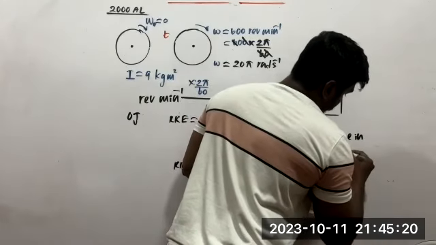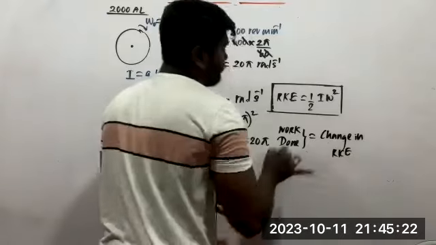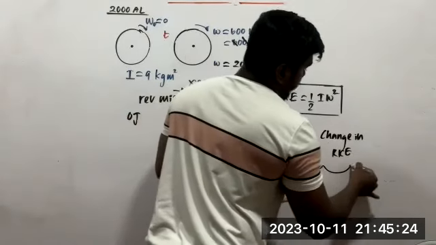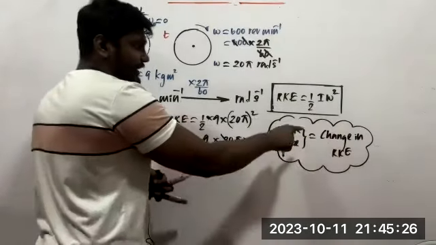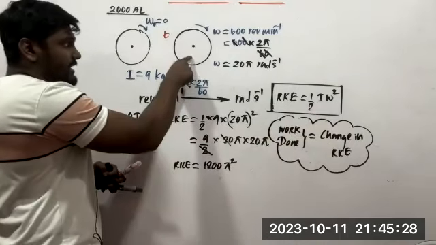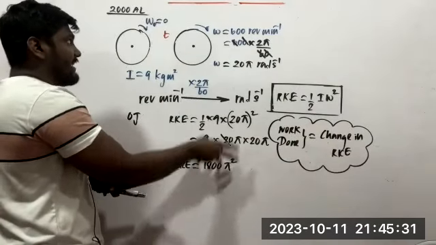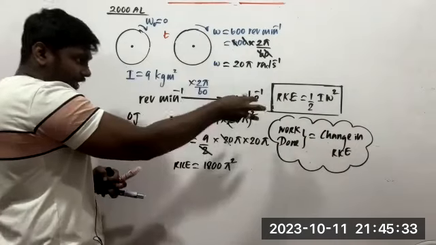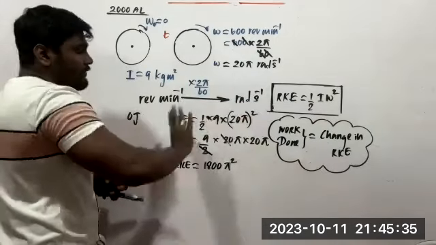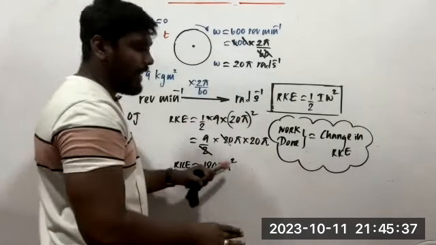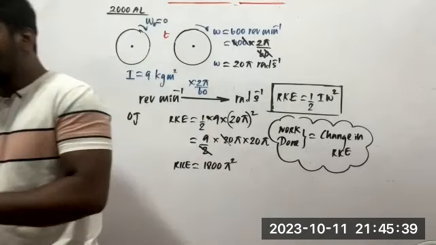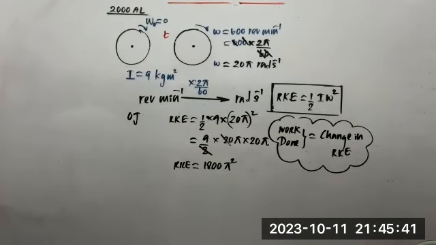Now, the final kinetic energy we know. Initial kinetic energy is 0. Therefore, the change in rotational kinetic energy equals this value. Therefore, this is the answer, I think. Right? Now, raise your hands if you understood.